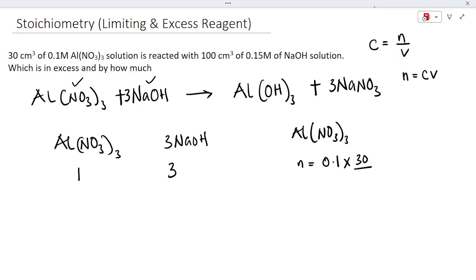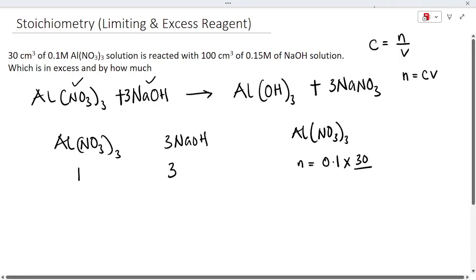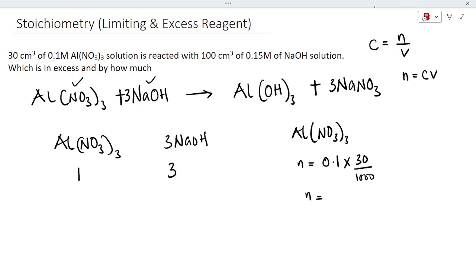However, you need to remember your volume has to always be in decimeter cube, and that's the reason why we divide by 1000. So 30 divided by 1000 should give us 0.03, and then 0.03 times 0.1 should give us 0.003 moles. You can confirm that using your calculator. So that's for aluminum nitrate.